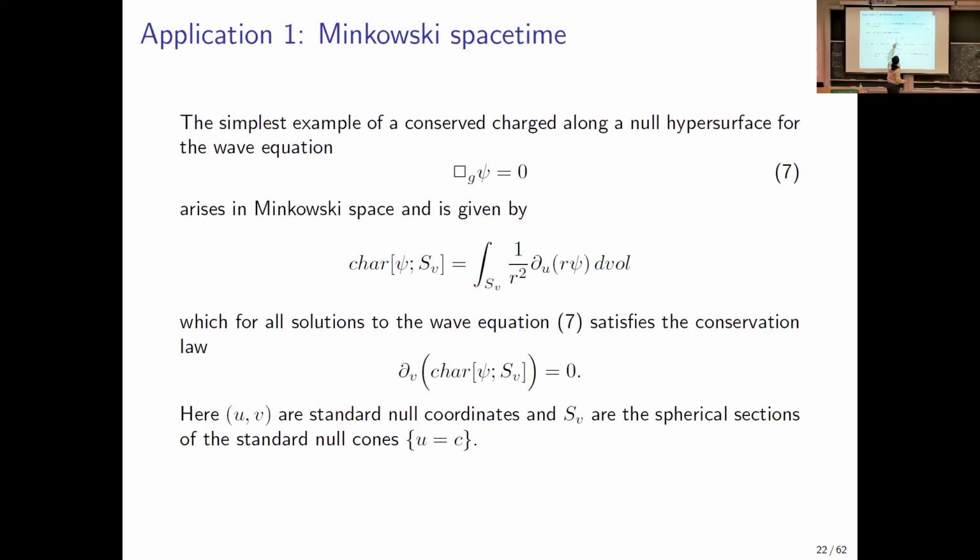They are integrals over the sections of derivatives of your scalar field. Such conservation laws are very important. One thing, if you want to do something this evening, for example, is to use these conservation laws to prove the strong Huygens principle for the wave equation in 4 dimensions.